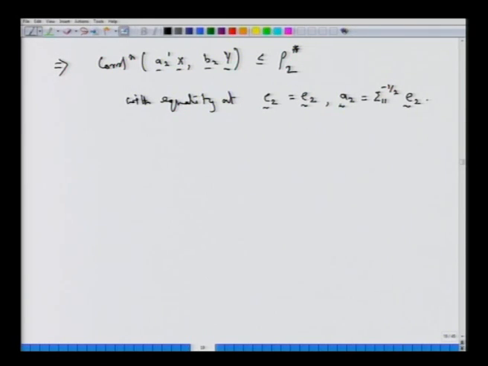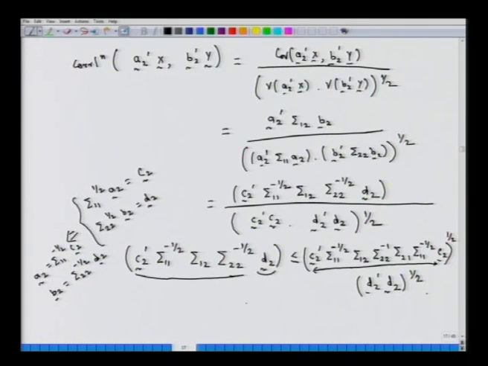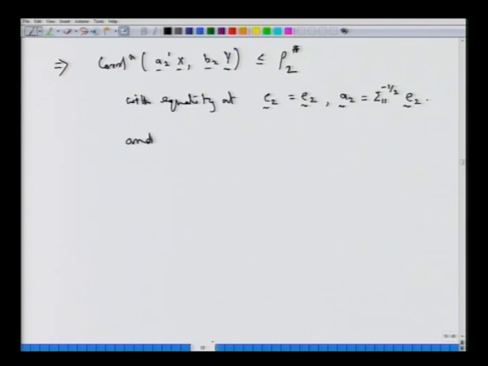So, this is as far as the choice of A2 is concerned, and we would also require the choice of B2, because that is going to play a role in this Cauchy-Schwarz inequality. Here the equality is going to hold if D2 is proportional to this particular vector, which would lead us to B2 being equal to sigma 22 to the power minus half times the F2 vector.